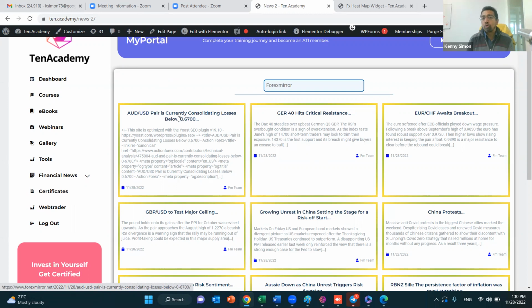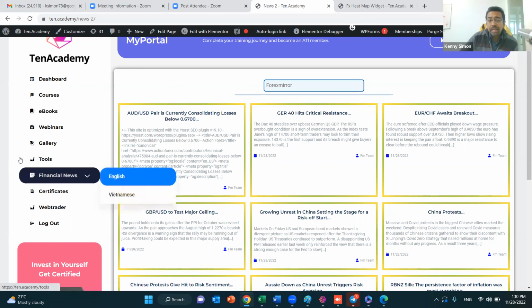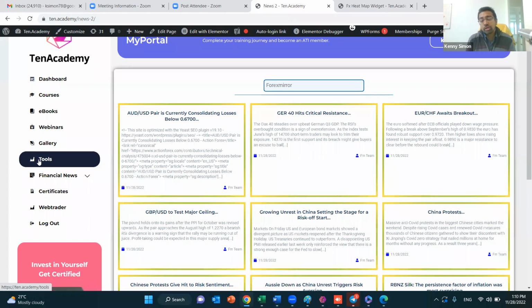But what's most important is looking at the headlines and the breaking news headlines, and then combining them with the FX heat map that's available within the tools section, which we covered last week as well as the week before, if I'm not mistaken. It's going to be really essential for us to combine the usage of both the news tool and the FX heat map tool, all available on this TenAcademy's dashboard.